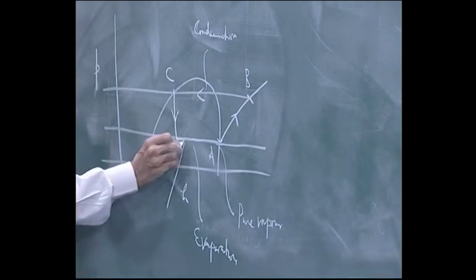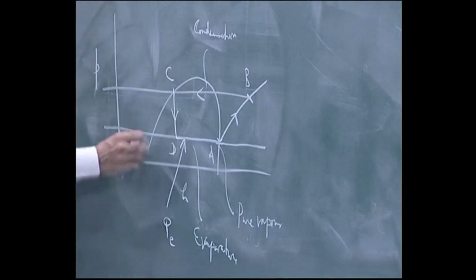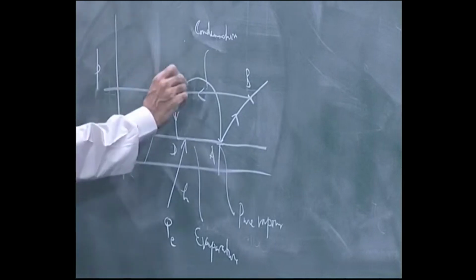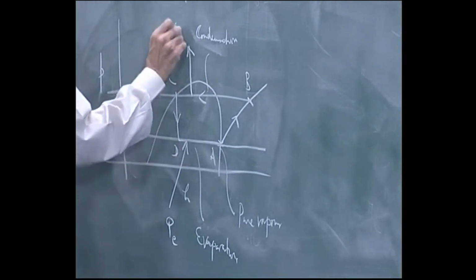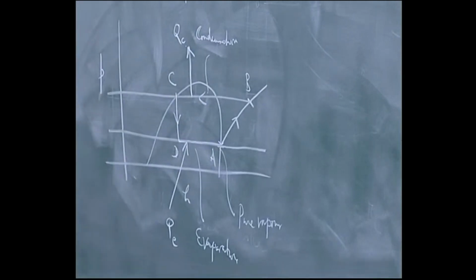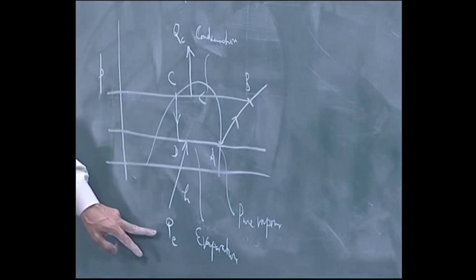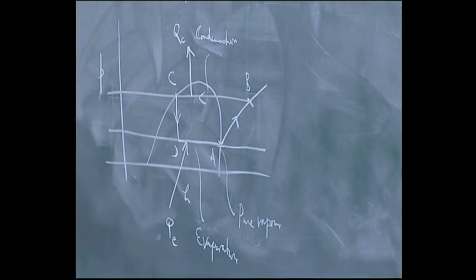Evaporation requires that you take heat from the surroundings, QE. When you condense a fluid, the latent heat is given up to the surroundings. It just happens that you give up heat at a higher temperature and you absorb heat at a lower temperature.